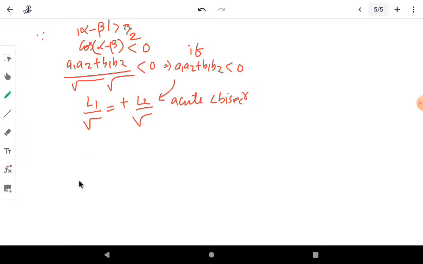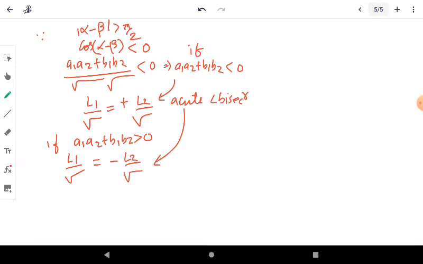So this is the acute angle bisector, guys. In a similar fashion, it can be proved that if a1 a2 plus b1 b2 is positive, the acute angle bisector is given by L1 by under root equals minus L2 by under root. Now if you ask how we will calculate the obtuse angle bisector? Obviously if plus gives the acute angle bisector when a1 a2 plus b1 b2 is less than 0, then for minus sign we will get the obtuse angle bisector.